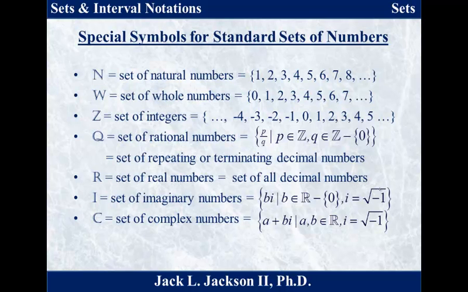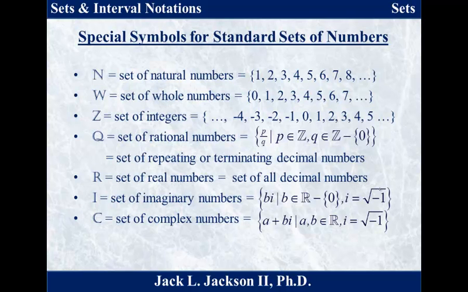W is the set of whole numbers, which is the same as the natural numbers, but it also has 0 in it. The set of integers has the set of whole numbers and their additive inverses, their opposites. So not only does it have 0, 1, 2, 3, 4, 5, etc., it also has negative 1, negative 2, negative 3, negative 4, negative 5, etc. So the two sets of 3 dots help us see that that goes on forever in both directions.